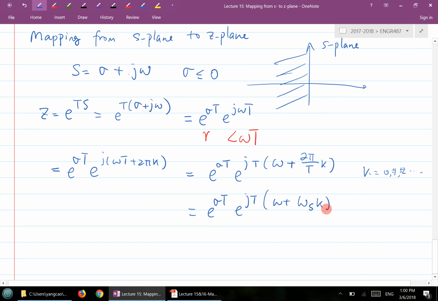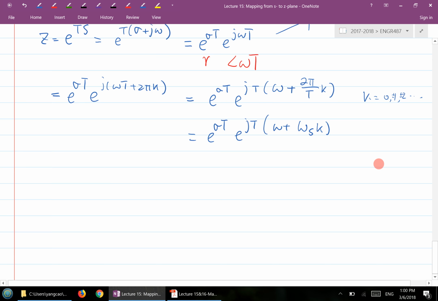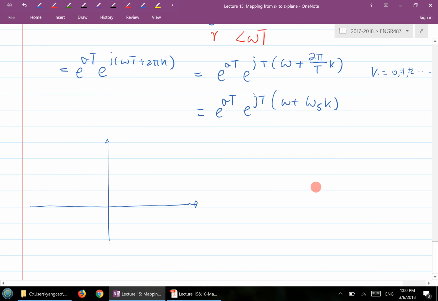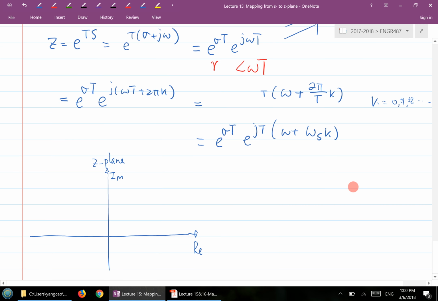So what does this expression tell us? I'm going to illustrate through a graph here. Suppose this is the z plane, and this is the imaginary axis, and this is the real axis, of course. Sorry, this is not the z plane, this is the s plane.